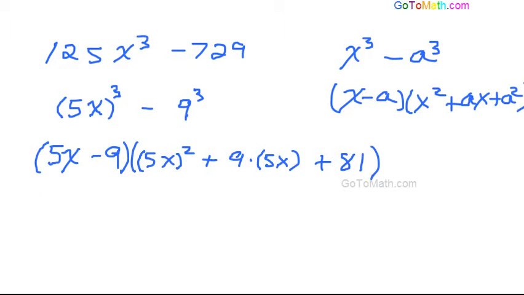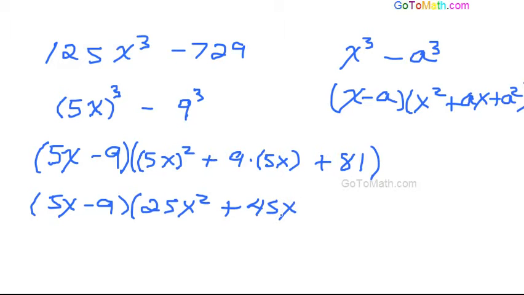Okay, so we can actually rewrite this as 5x minus 9 times 25x squared plus 45x, and then plus 81. Now, I guess it's possible that we could end up factoring a number out of here, but I don't see it happening.